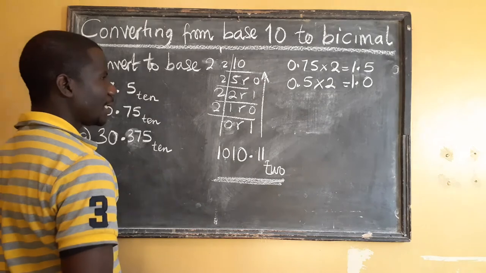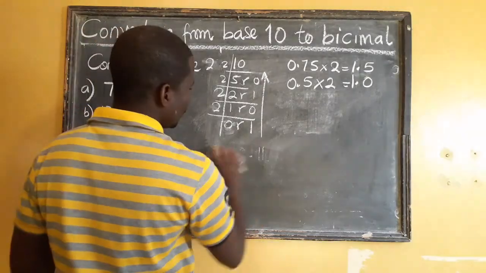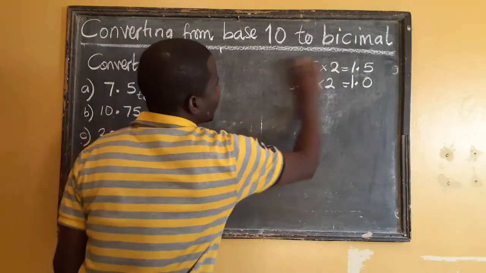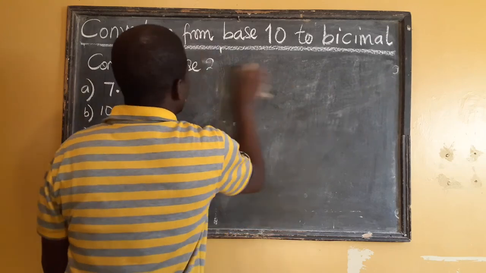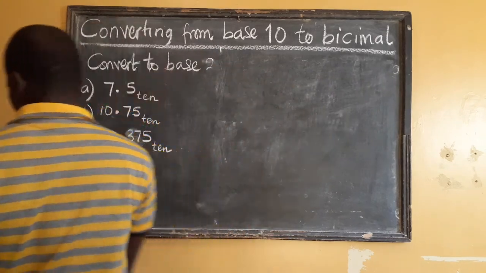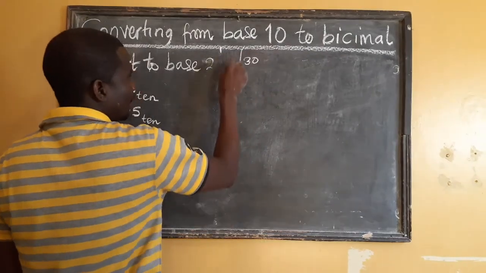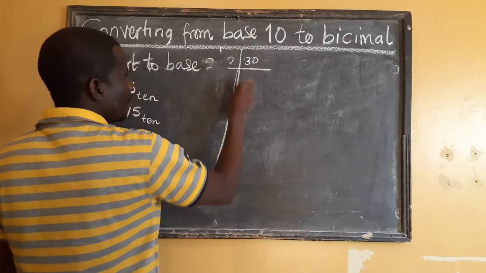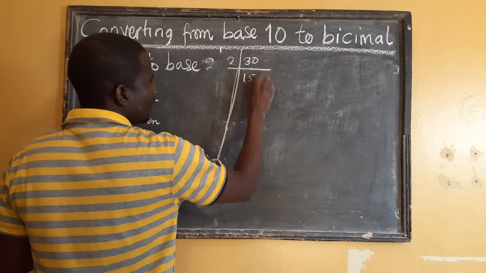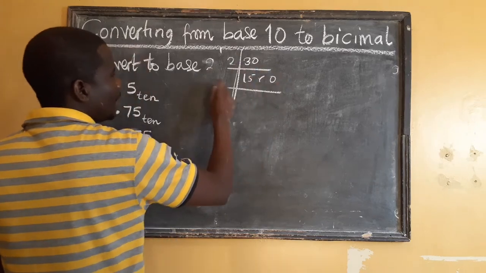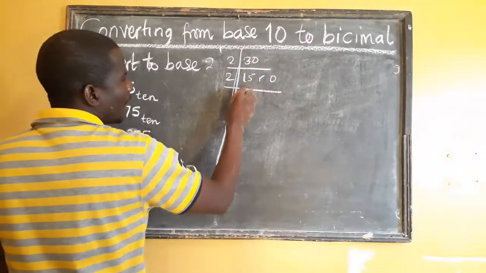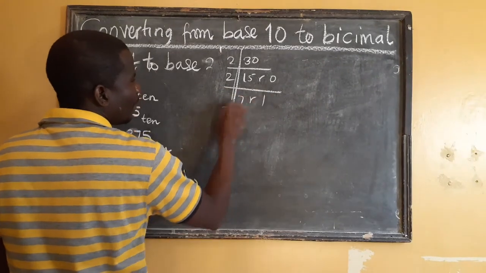Alright? So let us look at the last one. We get the whole number, 30. What do we have? We have 15, and that's 0. Here we have 7, remainder 1.